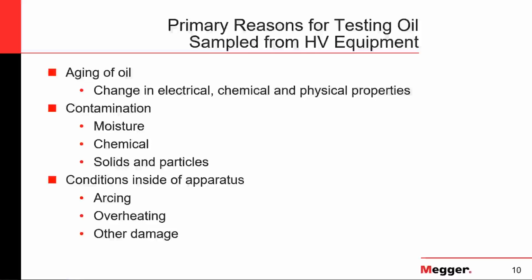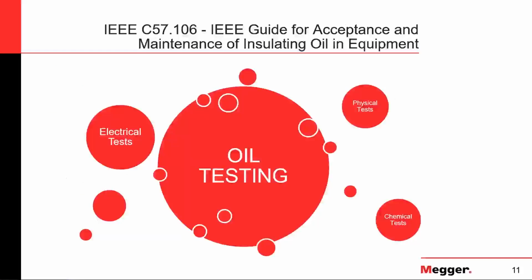We can also receive contamination from the ambient, external contamination like moisture or chemical contamination, or some phenomena inside the units can cause conducting particles to be liberated in the oil. This will change the electrical, chemical, and physical properties of the oil, which again will cause premature deterioration of the insulating system.